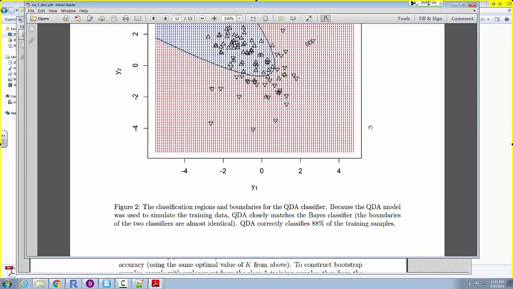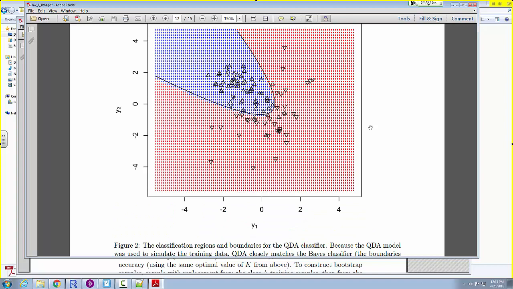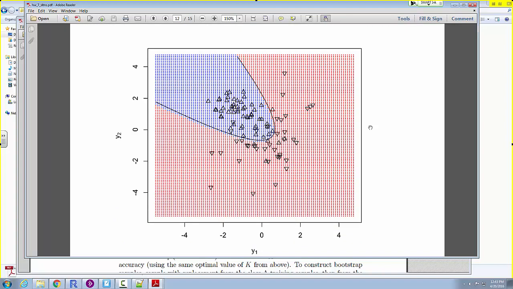There's quadratic discriminant analysis, and the solid curve is the Bayes classifier. That's the optimal boundary. You'll make the fewest mistakes on average if that's your boundary. QDA, quadratic discriminant analysis, its boundary, you have to watch where the blue and red trade-off is, but it's pretty close.